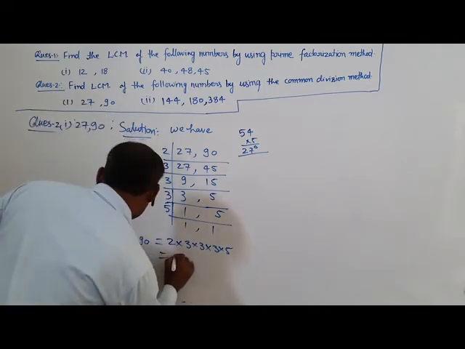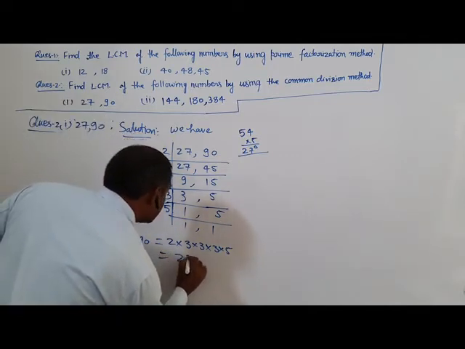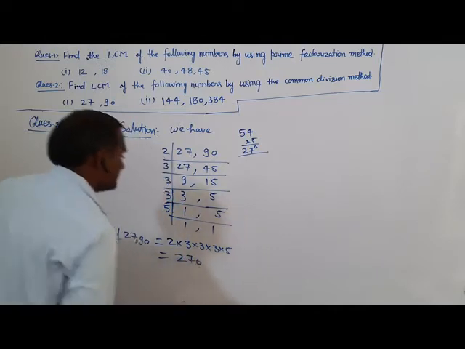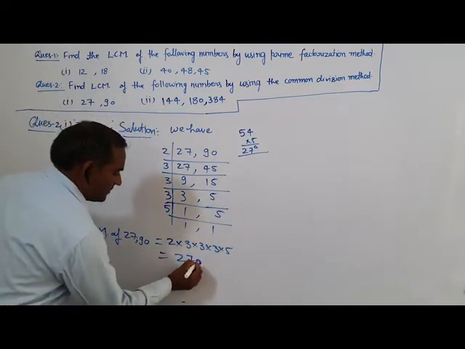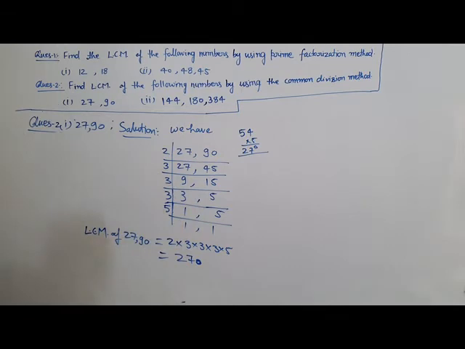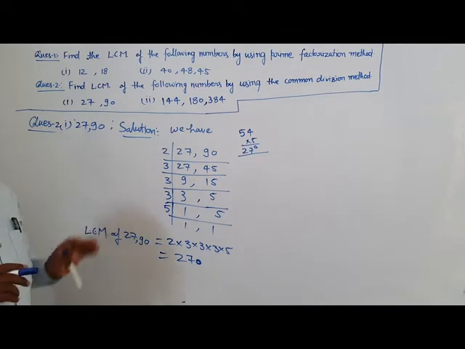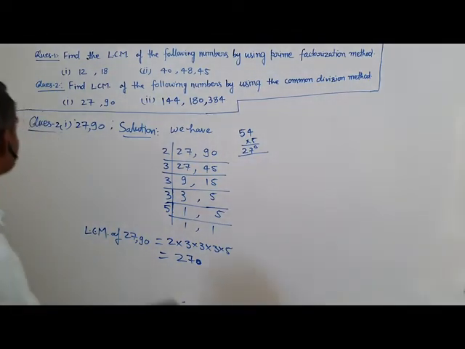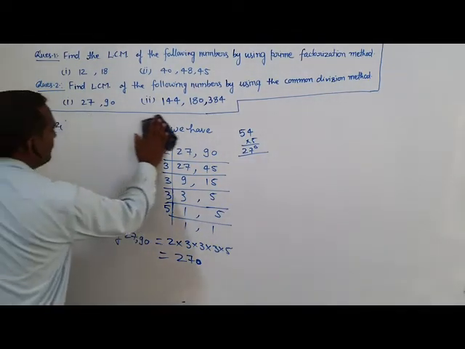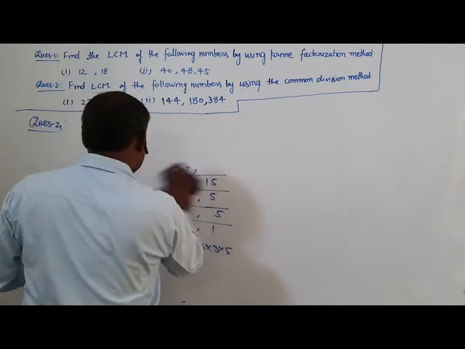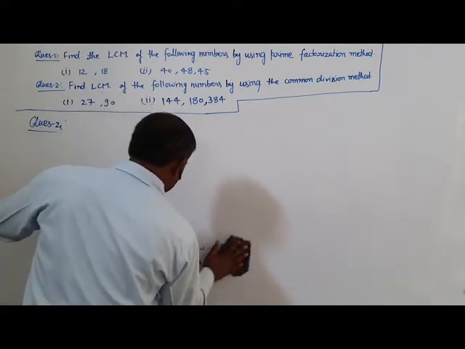LCM of 27 and 90 is 270. In this way you can find the LCM of the following numbers by using the common division method. Now we have to do the next one.